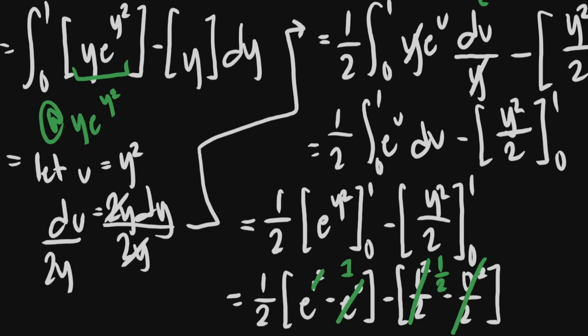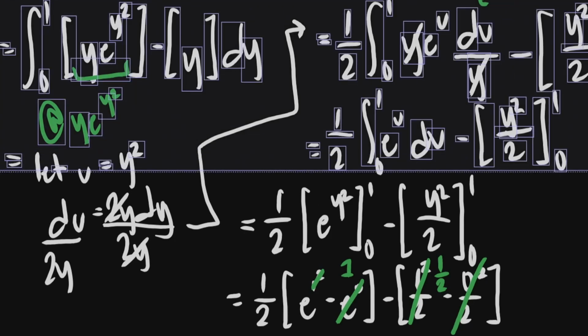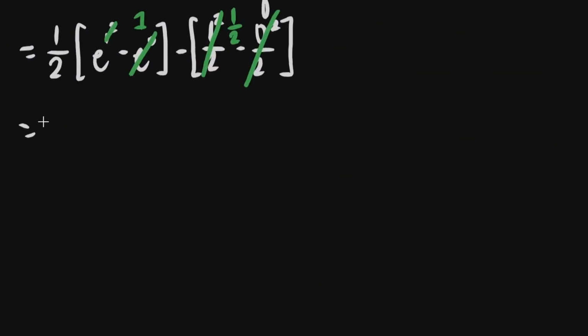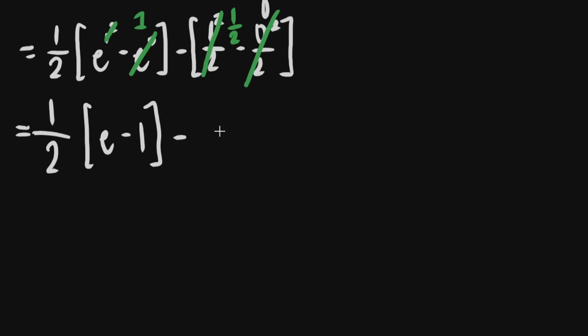Let us erase this first. After that, since we cancelled it out, we have 1/2 multiplied by e minus 1, minus 1/2 here.